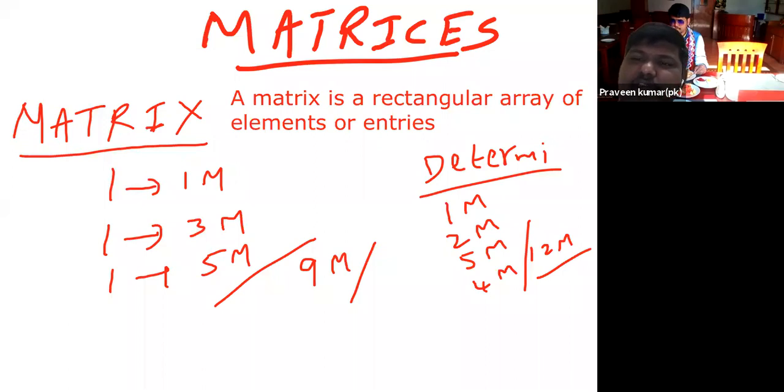A matrix is a rectangular array of elements or entries. Complete, everyone. Can I move to the next one? You can respond in the chat box, yes or no.